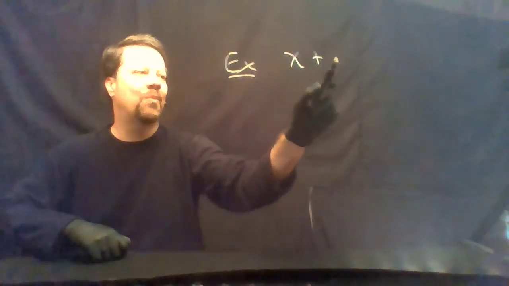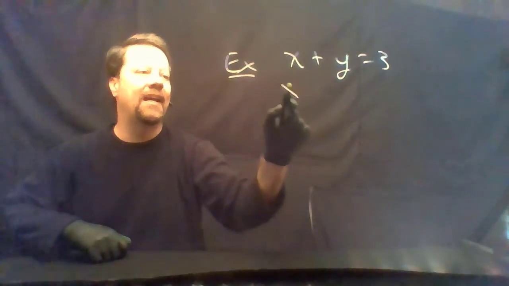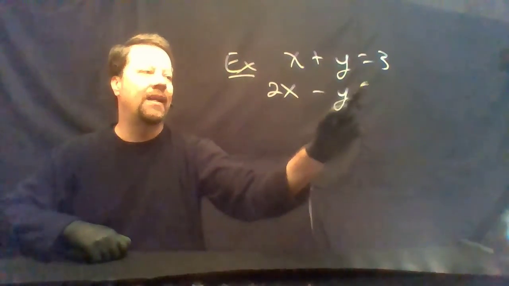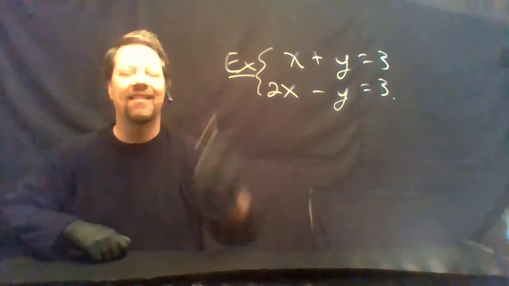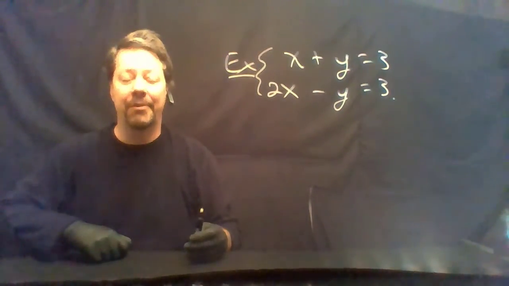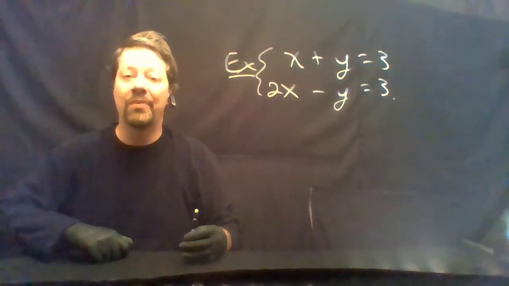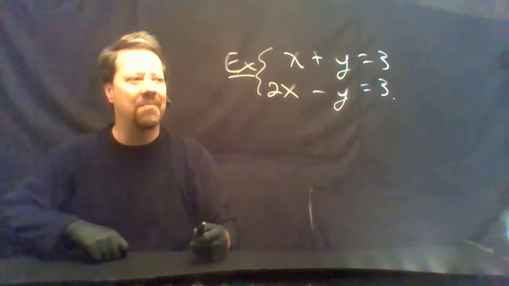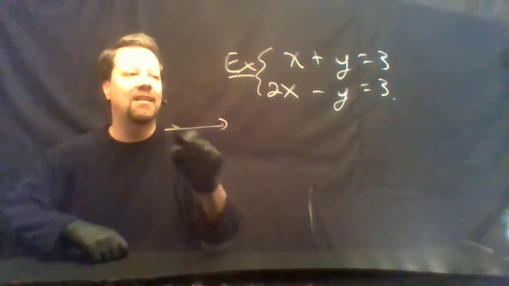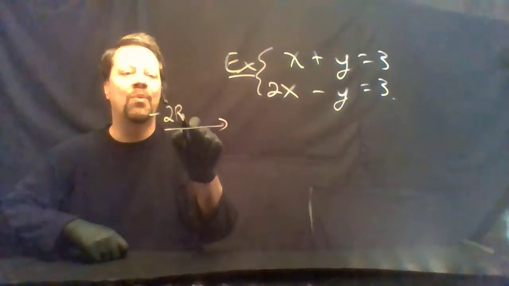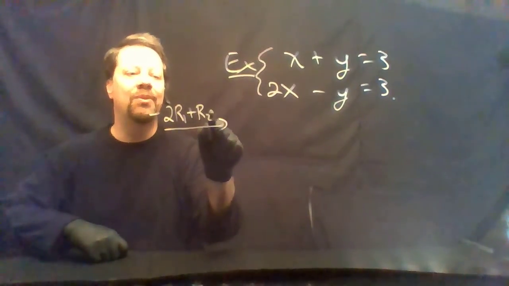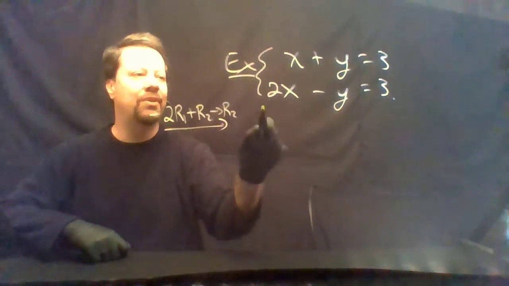Have x plus y equals 3 and 2x minus y equals 3. Let's perform elementary row operations to put this into reduced row echelon form. Clearly, if we take -2 times row 1 and add it to row 2, we can yield a new row 2.